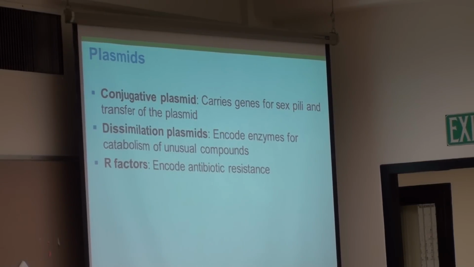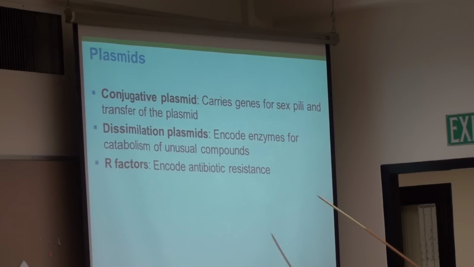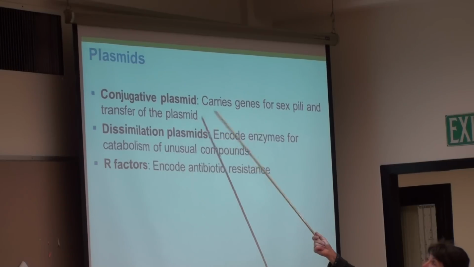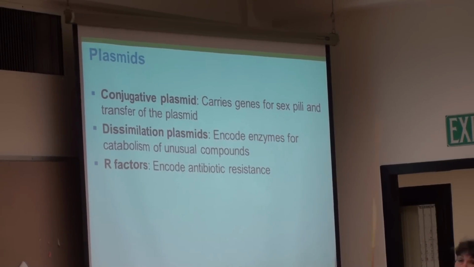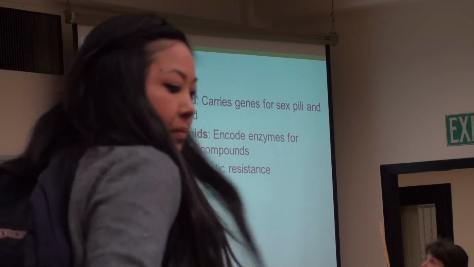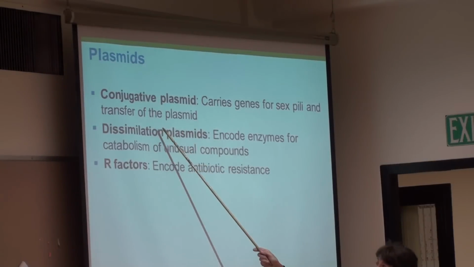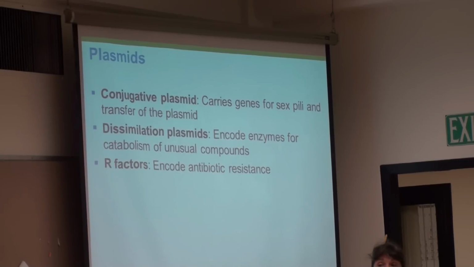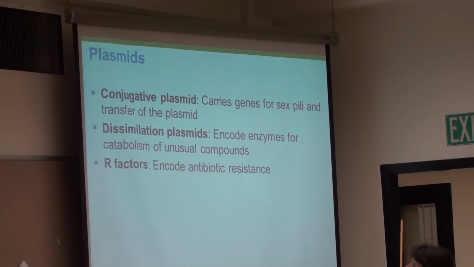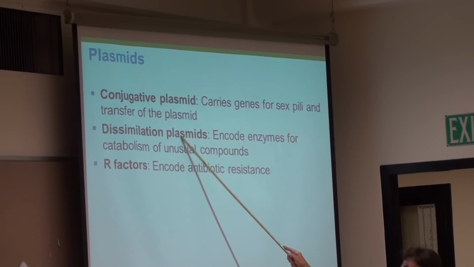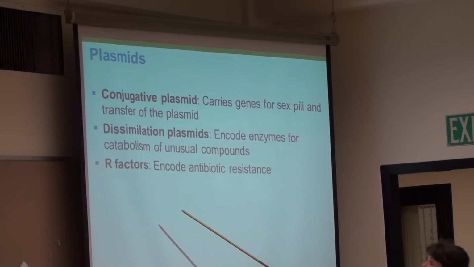For example, we can have conjugative plasmids. In gram-negative bacteria, conjugative plasmids carry the information for formation of a sex pilus, also called the conjugation pilus, and also carry the genes that permit the donor bacterium to transfer a copy of the plasmid to a recipient bacterium. Assimilation plasmids we're going to skip, so you don't need to worry about them.